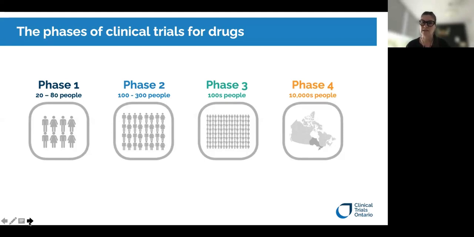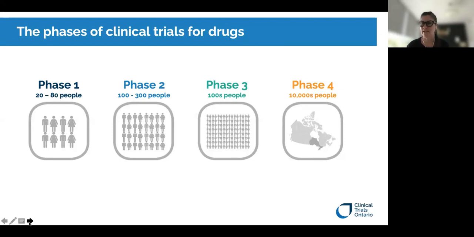Here, the researchers are usually looking at, does the intervention do what it's supposed to do? And again, continuing to monitor safety and look at dosing information. Generally looking at larger numbers of people, again, depending on the condition.